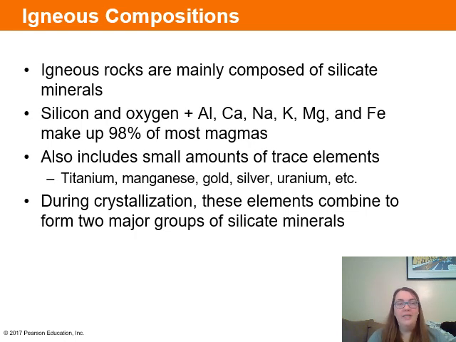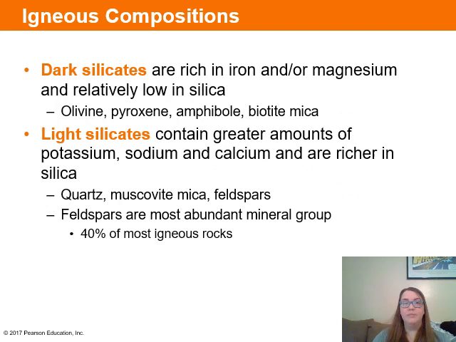But we're going to see that overall, we're going to form two different groups of these silicate minerals inside of our igneous rocks. And it's going to depend on whether we're seeing more salts or more metal elements inside of these crystals. So if we're looking at these dark silicates, they're going to be darker in color, and they're also going to be heavier in weight.